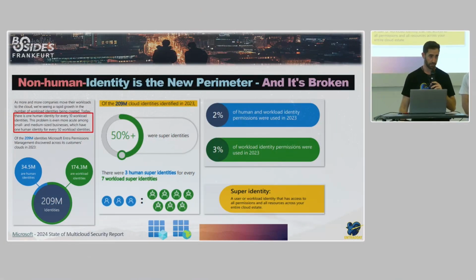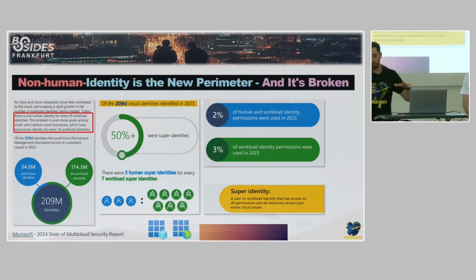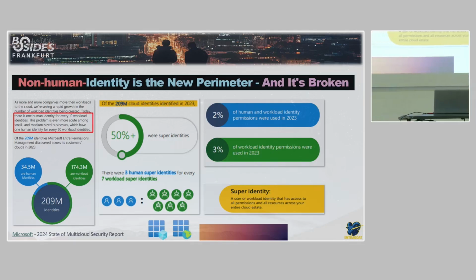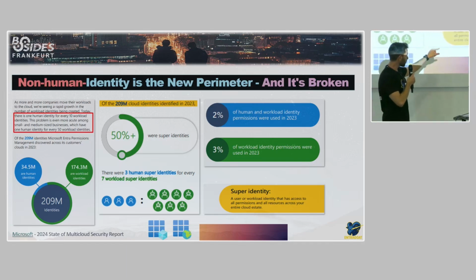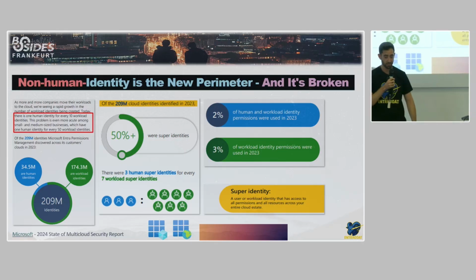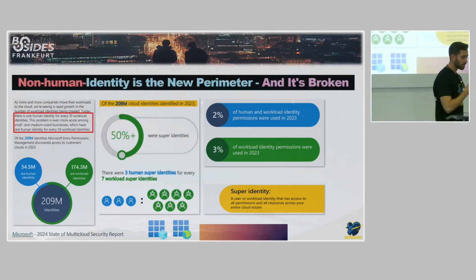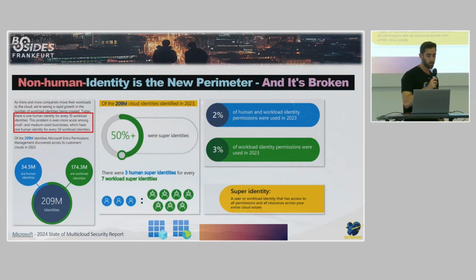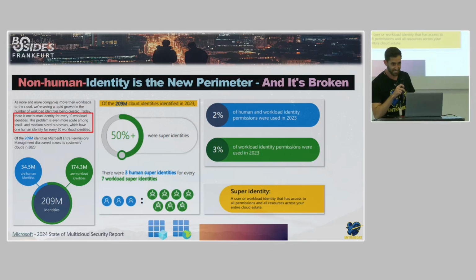So you might be wondering, okay, 50%, it's not that bad. What can even a super identity do? So from the same report, guys, let me read it out for you. Super identity: a user or a workload identity that has access to all permissions and all resources across your entire cloud estate. In my opinion, these are not super identities. They're super, ultra, duper, pro max identities, okay?